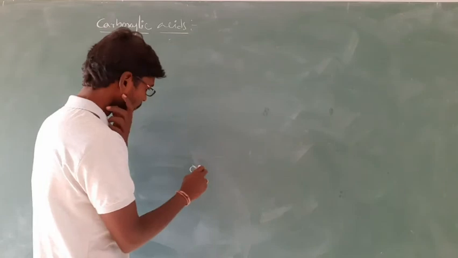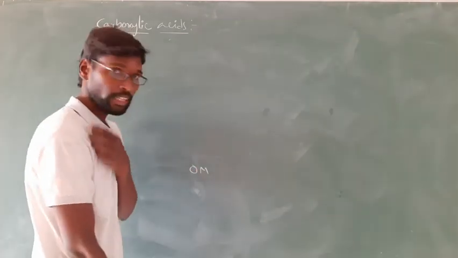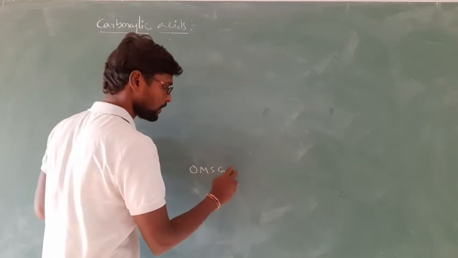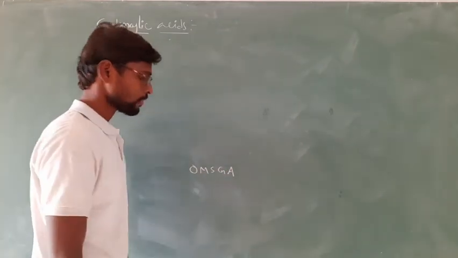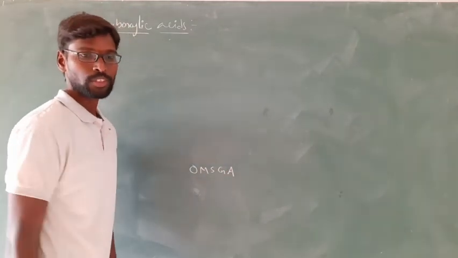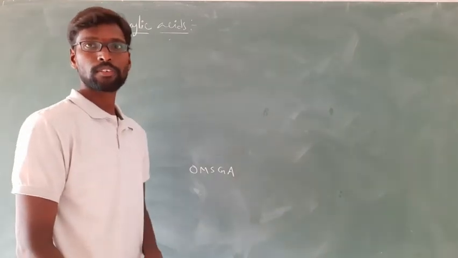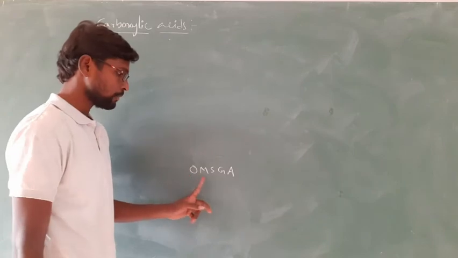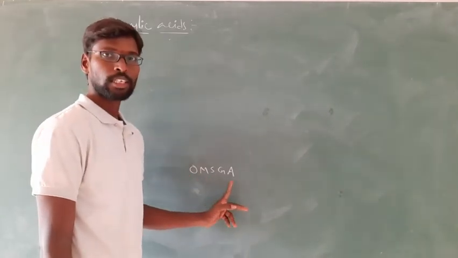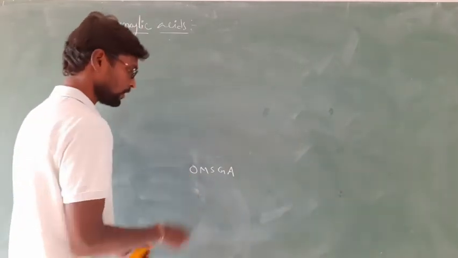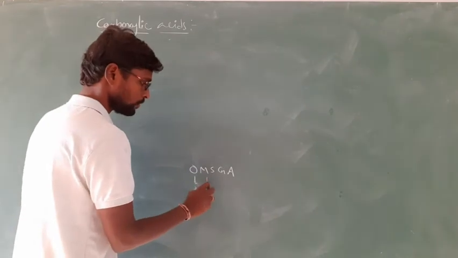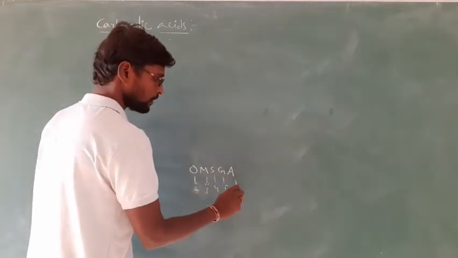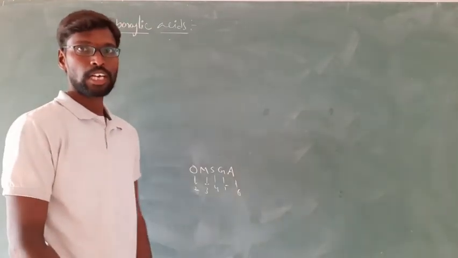Second one, malonic acid, then succinic acid, next glutaric acid, and then adipic acid. This is a simple abbreviation of the 5 carboxylic acids, OMSGA: oxalic acid, malonic acid, succinic acid, glutaric acid, and adipic acid. In this, two carbons, 3 carbons, 4, 5, and this is 6 carbon.